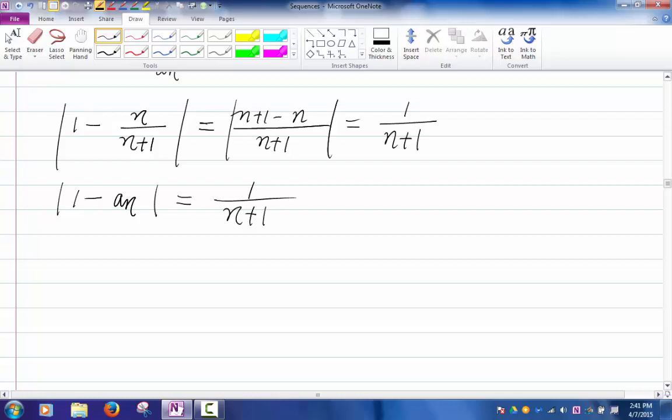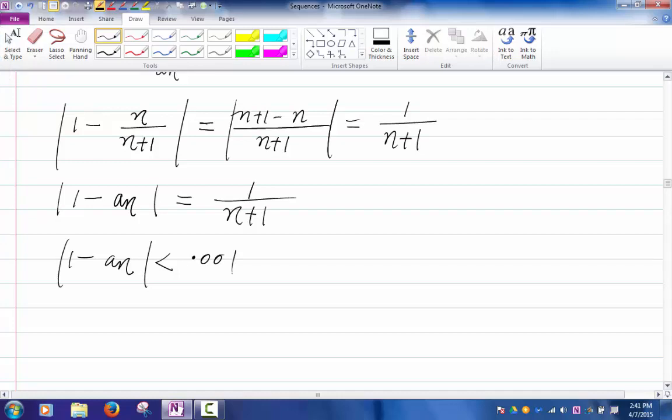Okay? So what does it mean? It means that, let's say I want the difference between 1 and a_n. Let's say someone in the class asks, can I make a_n within, let's say, 0.001 of 1?